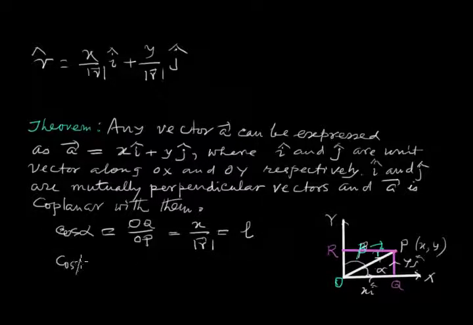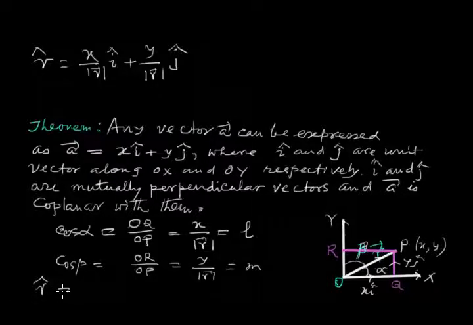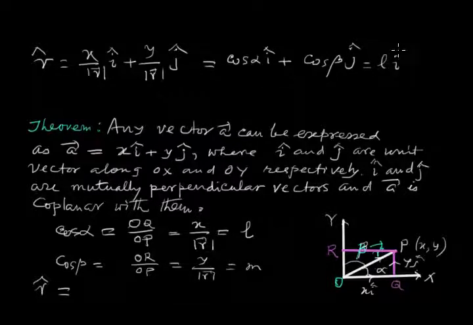And cos beta is equal to y by OP, y by mod R, is equal to m. Thus we can say R cap is equal to cos alpha into i cap plus cos beta into j cap, which is equal to li plus mj.